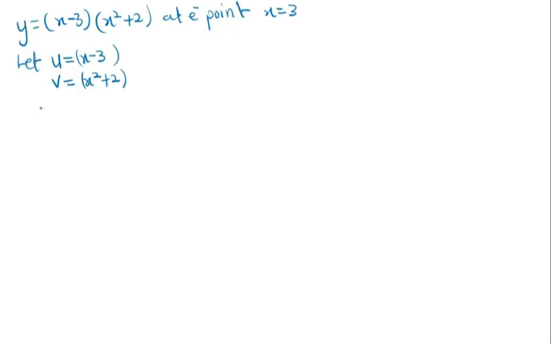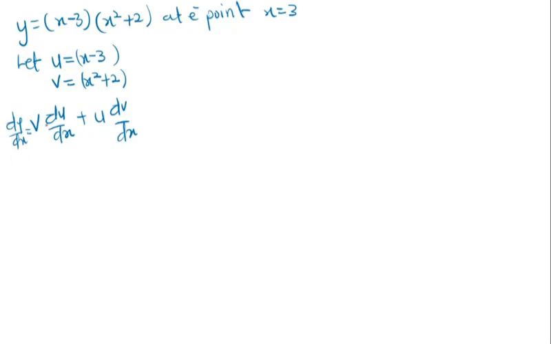The product rule will give us v du/dx plus u dv/dx. So this is the f prime, which is dy/dx, is equal to this.